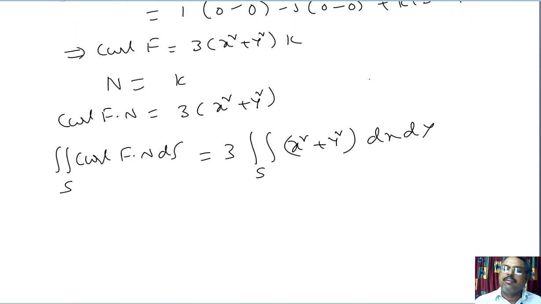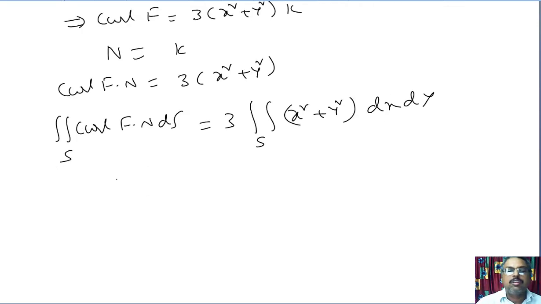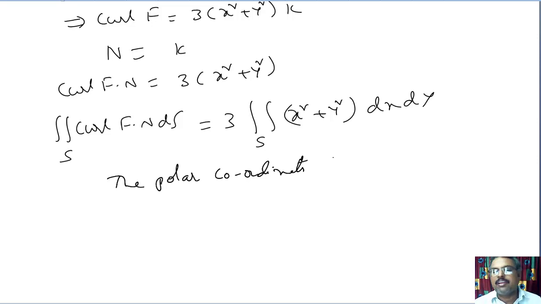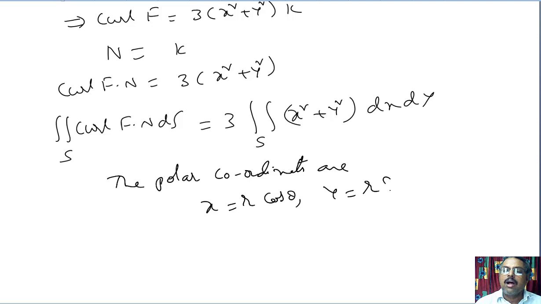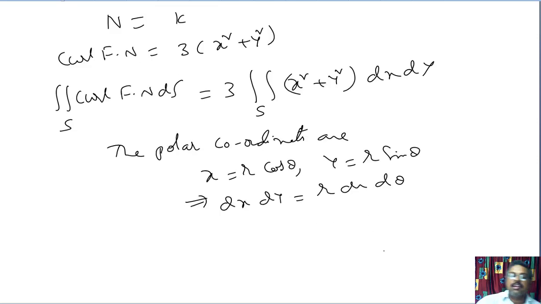I will change into polar coordinates, then it is very easy. Otherwise you may integrate with respect to x and y. x equals r cos theta, y equals r sin theta, dx dy equals r dr d theta. We discussed this in multiple integrals.